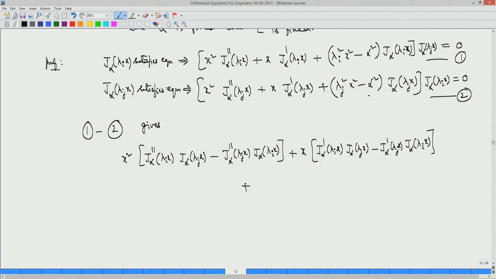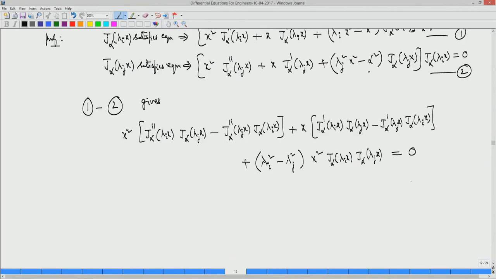So, j alpha lambda j, alpha lambda i, here also you have this same. So, we have lambda i square minus lambda j square, the other thing is common, that is x square j alpha of lambda i x into j alpha of lambda j x equal to 0. So, here you can cancel one x.